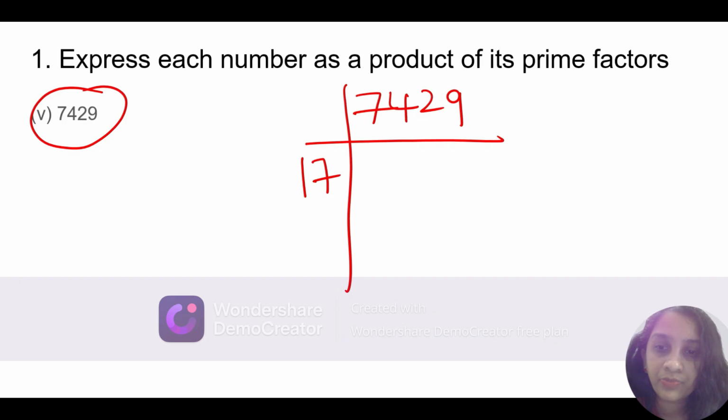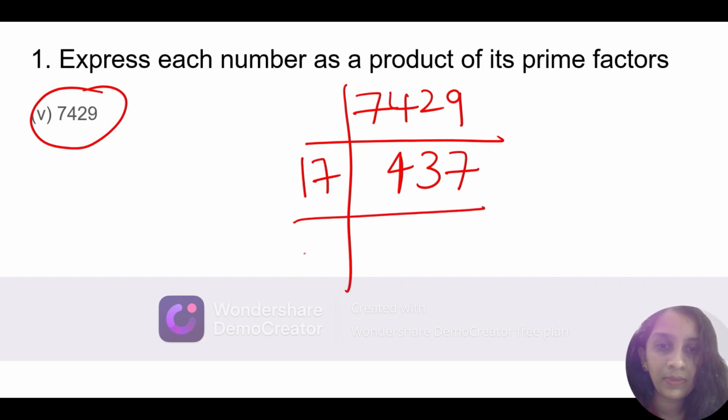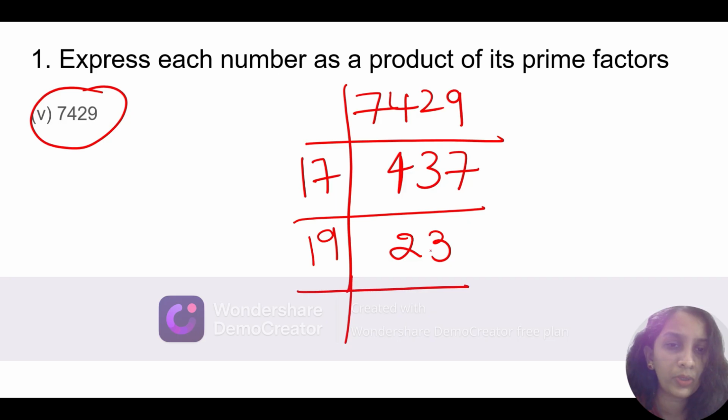Okay, yeah. 17 fours are 68, 17 sevens are 119, and 17 times 437 is 7429. Then 437 will be divisible by 19. 19 23s. Okay, 23 is again a prime number, so we can divide 23 by 23 itself.